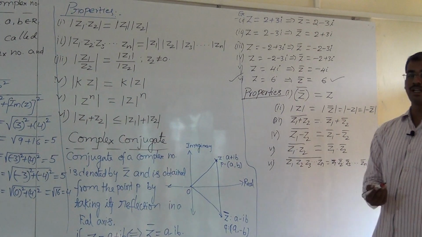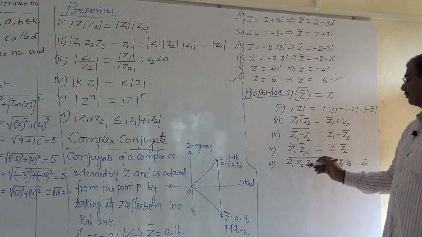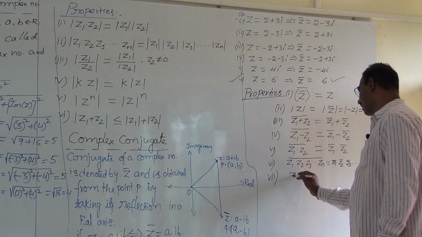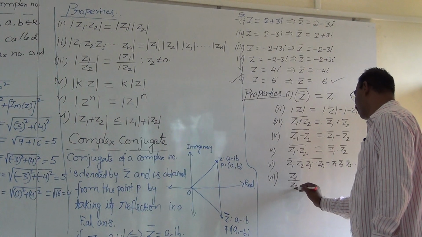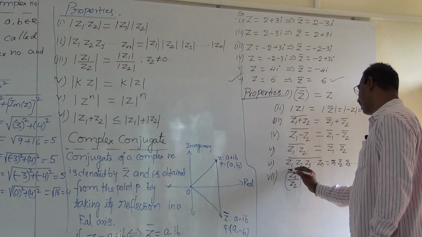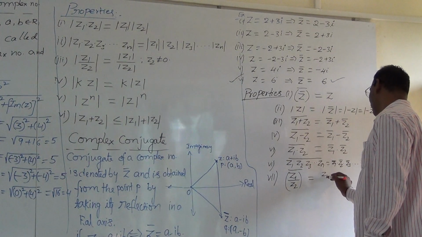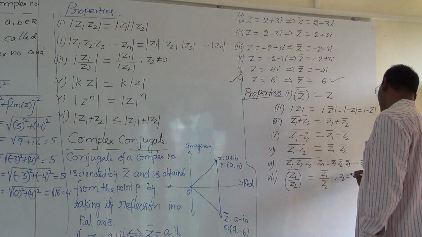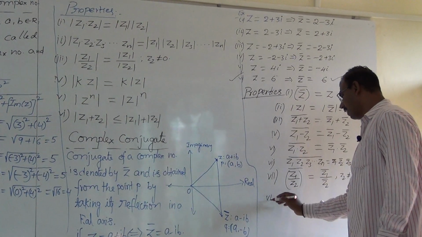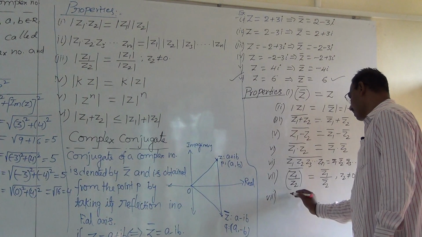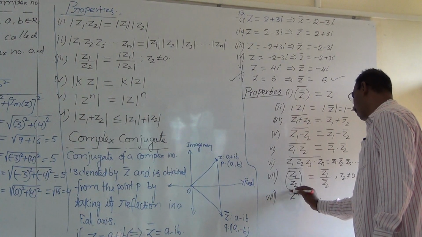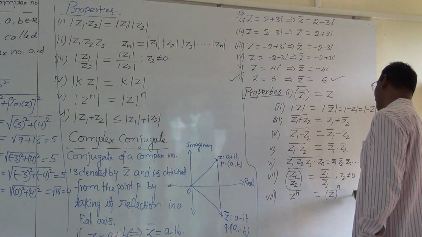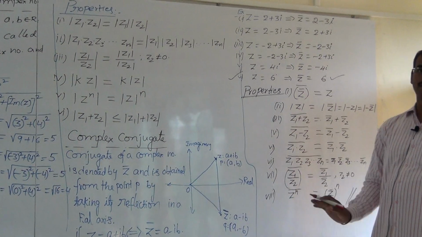Taking finite numbers, we get the same answer. Now for division, Z1 by Z2 whole bar is equal to Z1 bar divided by Z2 bar, where Z2 is not equal to 0. And Z raised to n whole bar is equal to Z bar whole raised to n.